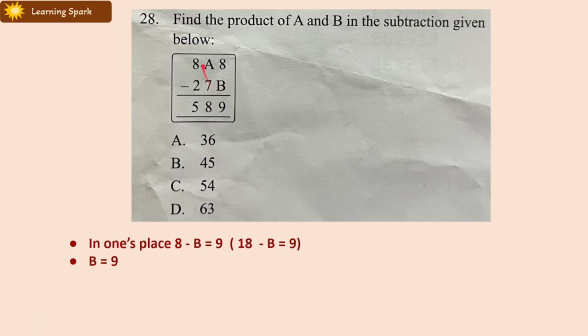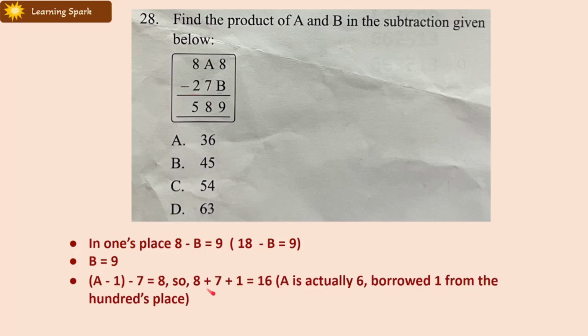Okay, now let's come to the value of A, right? So remember we have borrowed 1 from this particular tens place. So this will be A minus 1. A minus 1 minus 7 equal to 8, right? So if we add this 7 and 8, this will be 15, and if we add another 1, because this was A minus 1, it will be 16, right?